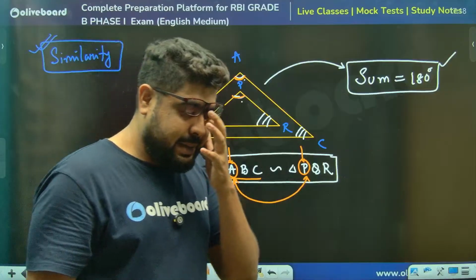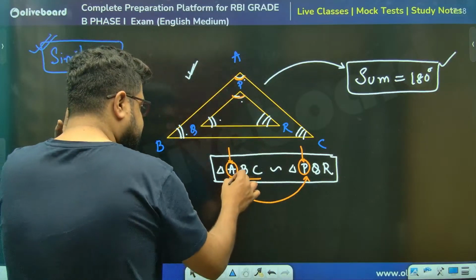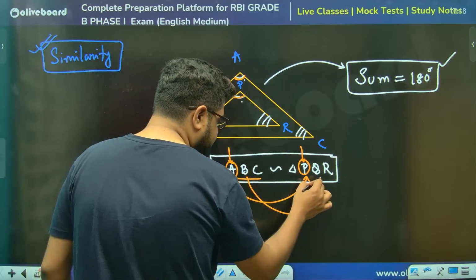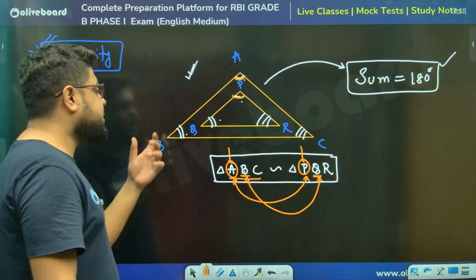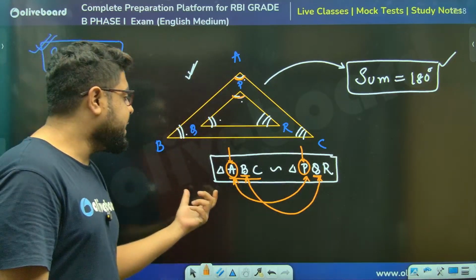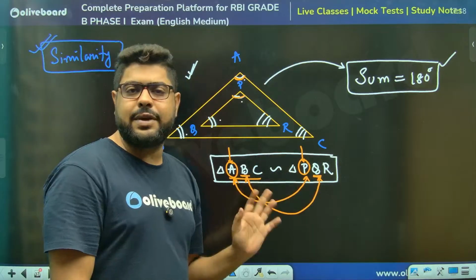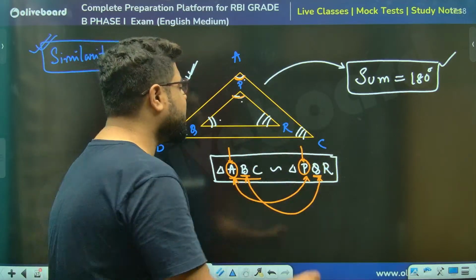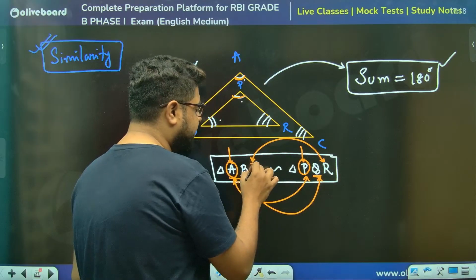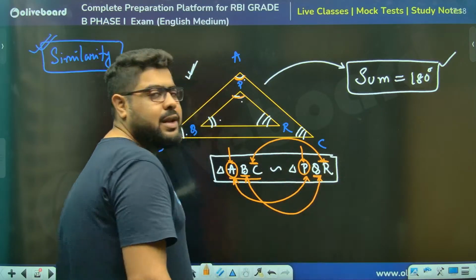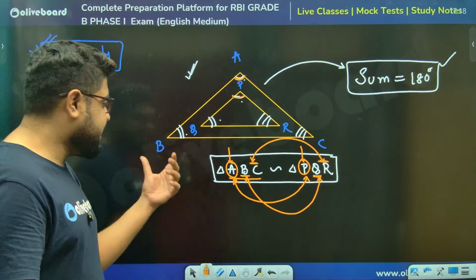Clear? Similarly, next is B. With that I have kept Q, because B and Q are equal to each other. And you see, the third you don't even need to take care of. It takes care of itself, because they are always also equal. This is the beauty.